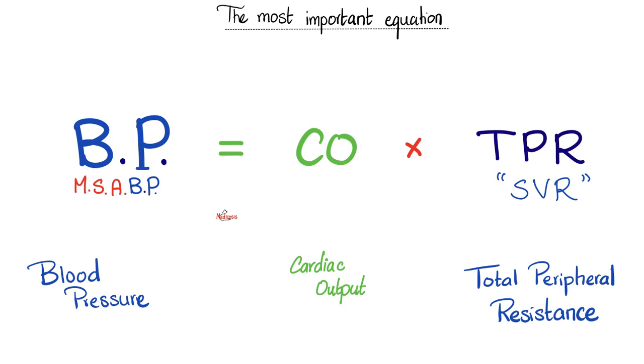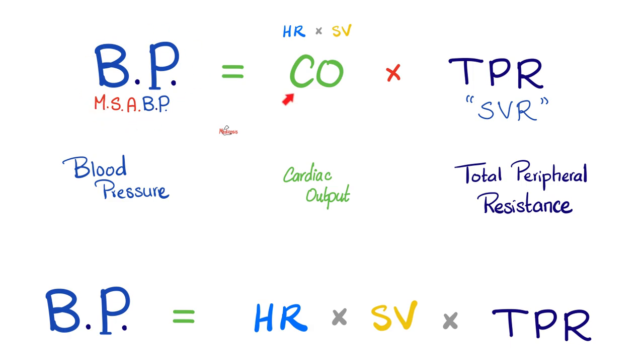It is dependent on two things: the cardiac output multiplied by the total peripheral resistance. And as you know from the previous slide, the cardiac output is made of two things. What are they? Heart rate multiplied by stroke volume. Hey medicosis, if blood pressure is cardiac output times total peripheral resistance, and since cardiac output is heart rate times stroke volume, can I play with some algebra and write it like this?